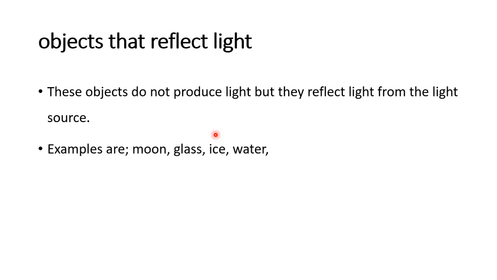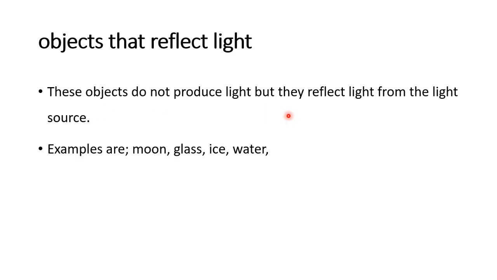A good example is the moon. Many people think that the moon produces light, which is false. The moon doesn't produce light, and it is not a light source, and it is not a star.